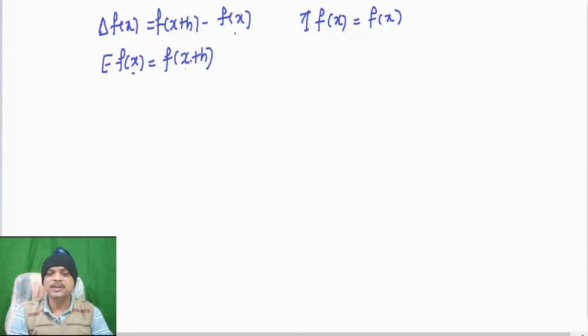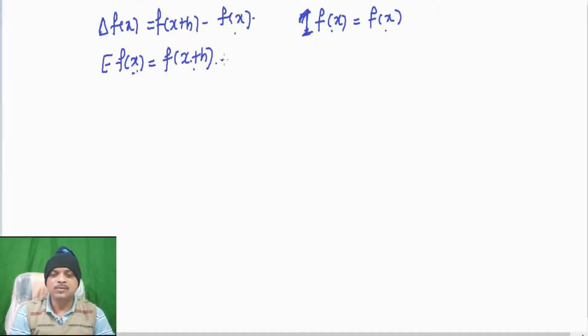So these are the three operators. This is the identity operator. It does not change the function by any shifting or any difference. This is the forward difference operator, and this is the displacement operator or shift operator.